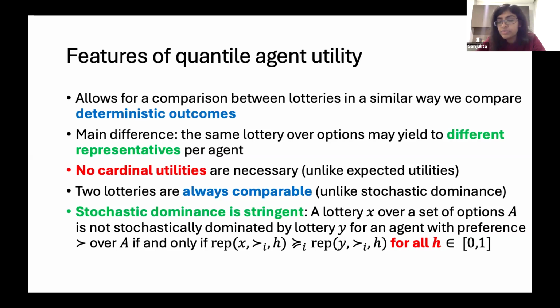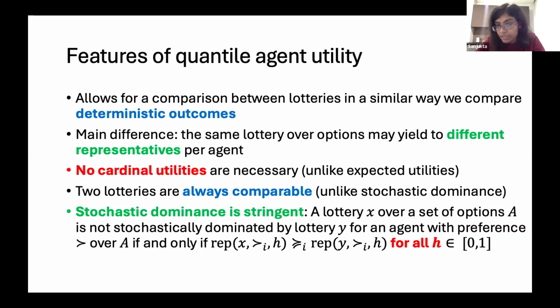If I compare this with stochastic dominance a little bit more, stochastic dominance is more stringent, in the sense that X is stochastically dominated by Y if and only if the representative of X is better than the representative of Y for all possible quantile values.